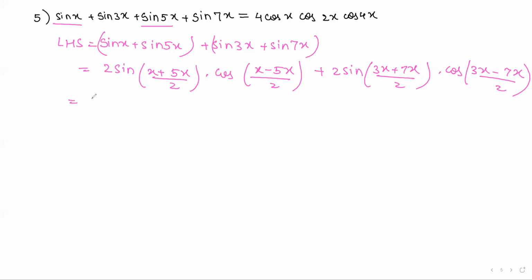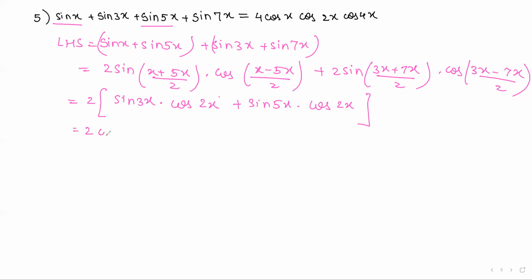Here you can take 2 common for starters. You will be left with 5 plus 1, 6. So you have sin 3x into cos minus 2x, because cos minus 2x will be equals to cos 2x, plus 7 plus 3, 10 divided by 2, 5, sin 5x into cos minus 4x divided by 2, minus 2x, which is 2x.